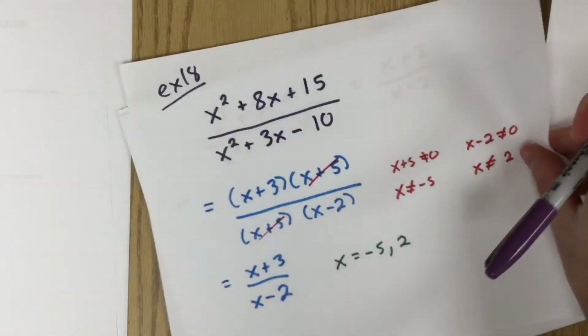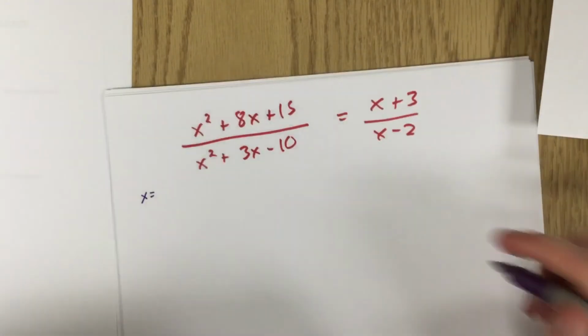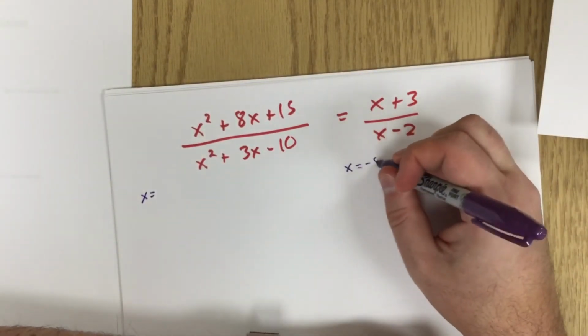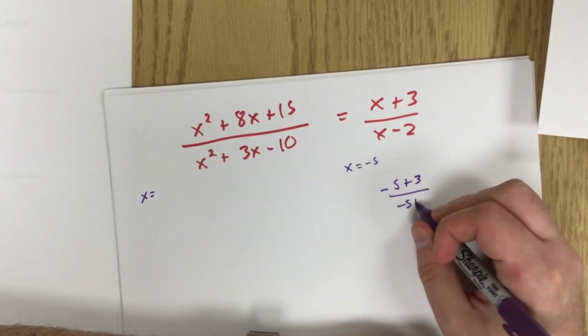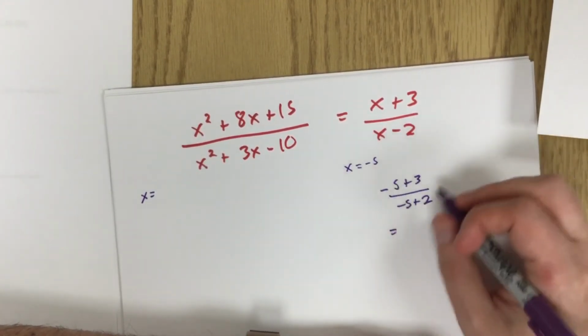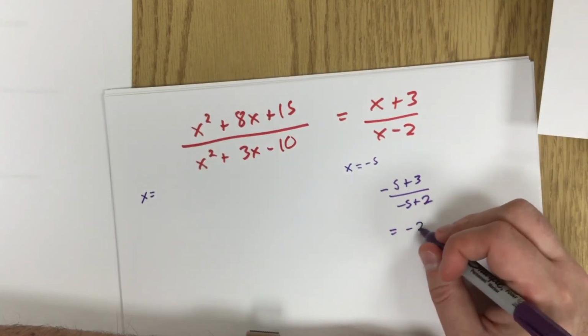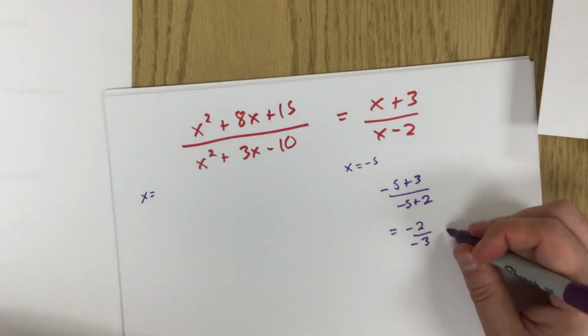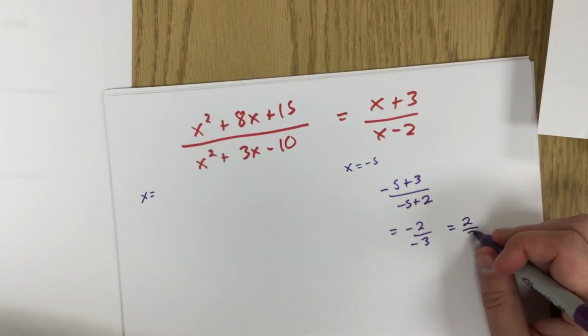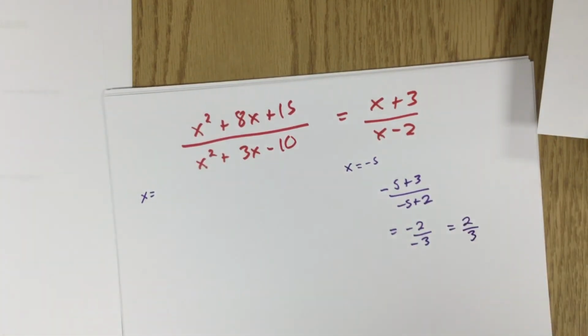So if x is equal to negative 5, then I'm saying that it's not true. Well, let's see why. If x is equal to minus 5, we would get minus 5 plus 3 over minus 5 plus 2. Minus 5 plus 3 is negative 2, over minus 5 plus 2, which is negative 3. And minus 2 over minus 3 is 2/3, which is really not such a big deal.